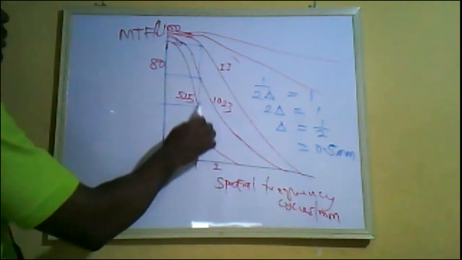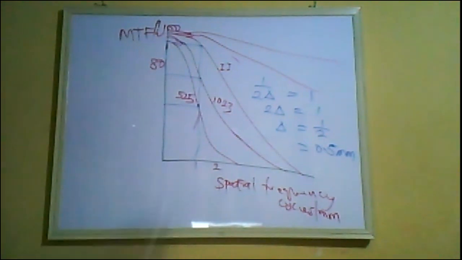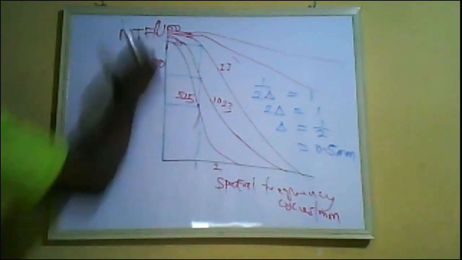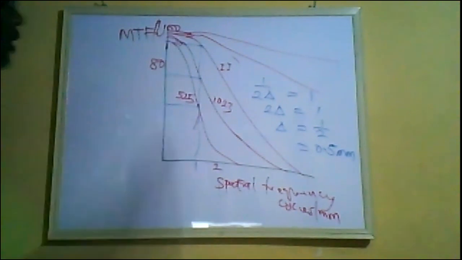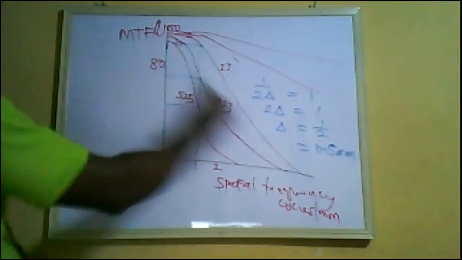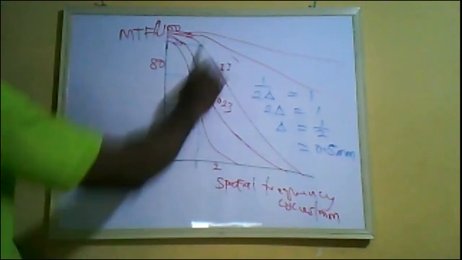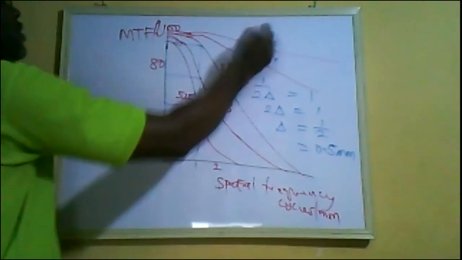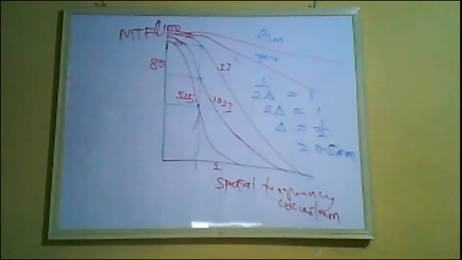Then for a system which uses 525 scan lines, the contrast is going to be reduced in terms of MTF. MTF actually gives us contrast. So you see our II is better than all of these. Then this one is for optics, and then this film. Film has excellent, very wonderful spatial resolution. That's why it is very close to 100.